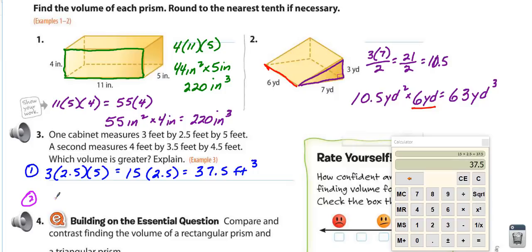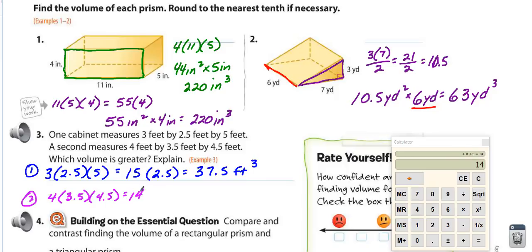Cabinet 2, the dimensions. Whenever we're talking about this type of stuff, we're talking about dimensions. The dimensions of cabinet 2 are 4 feet by 3.5 by 4.5. So 4 times 3.5 gives me 14.